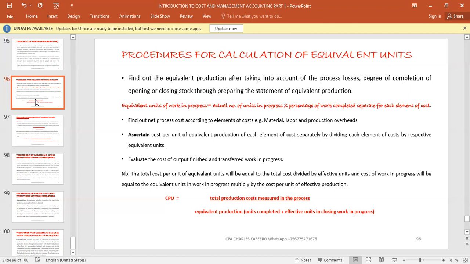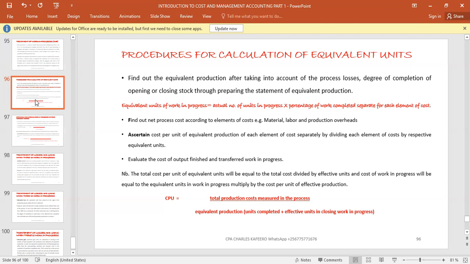It means we are computing these equivalent units in terms of the elements of cost, but treating them separately because they are consumed at different levels, and we divide each element of cost by the respective equivalent units.